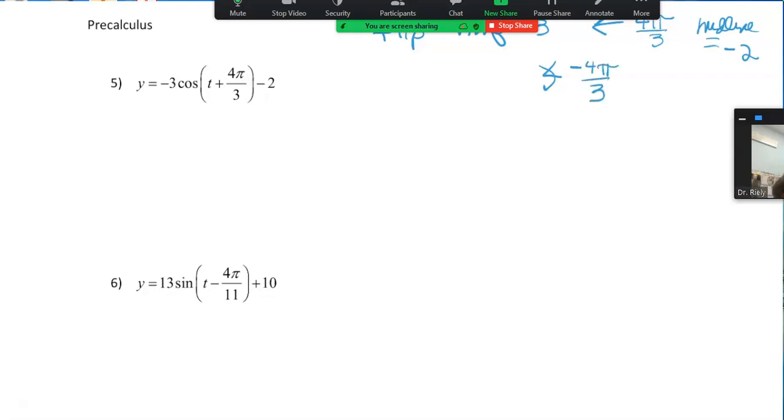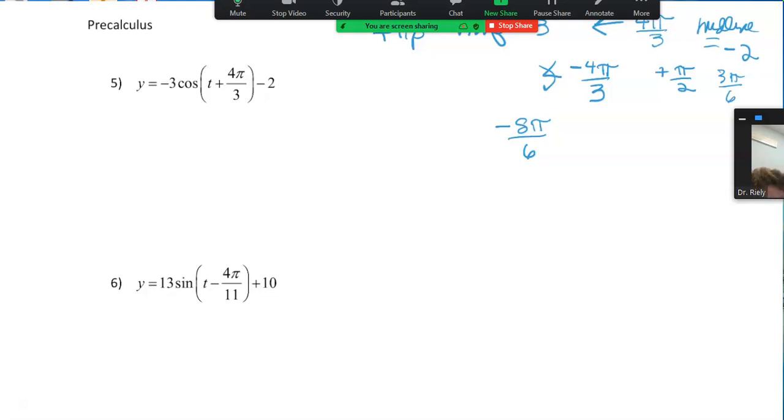Okay, so we have some issues here. I have to add π/2 each time. It's hard to add a π/2 to 4π/3. So I'm going to make my starting angle for right now, as I'm calculating things, negative 8π/6. I just multiplied by 2 over 2, and I'm going to multiply by 3 over 3, so I'm going to add 3π/6 each time to get my angles.